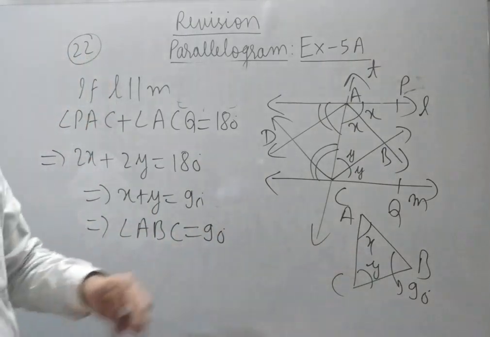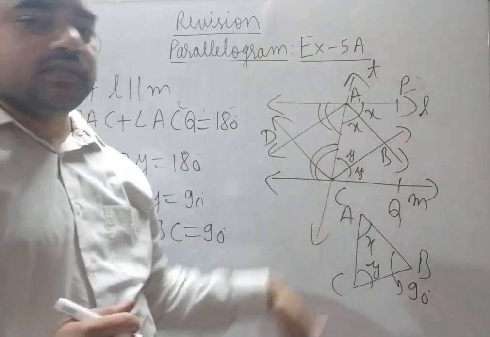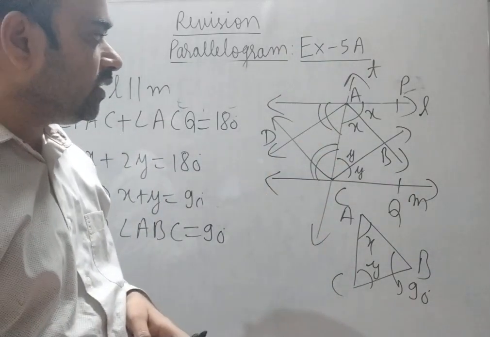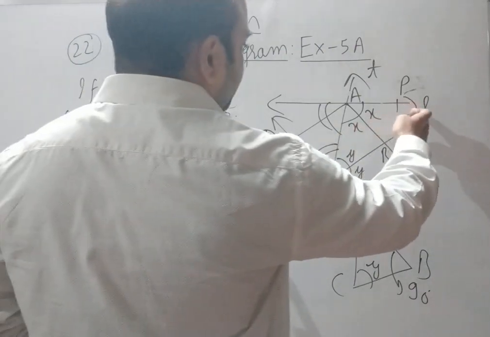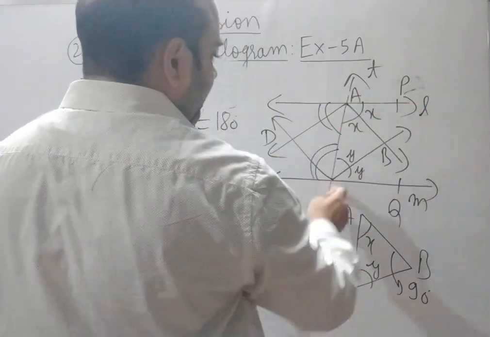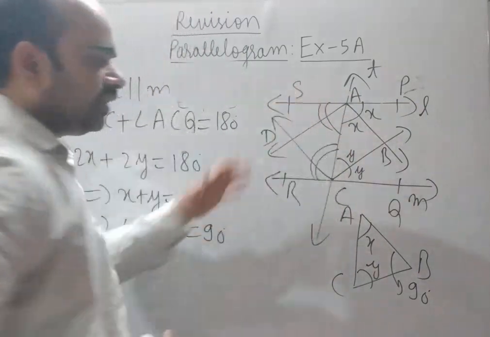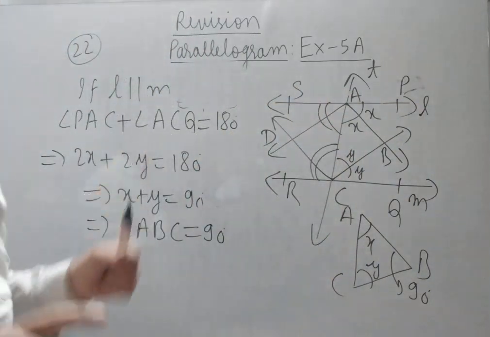Now, these two lines are parallel and this is the transversal. We can find a pair of alternate interior angles. Which two are interior angles? See, angle PAC and angle ACR, suppose this is R, S. These two are alternate interior angles.